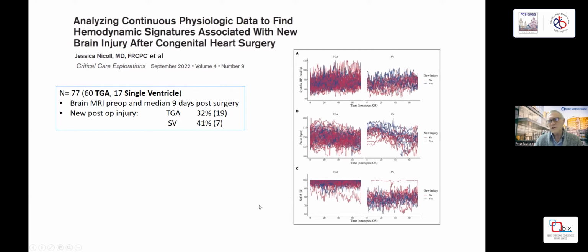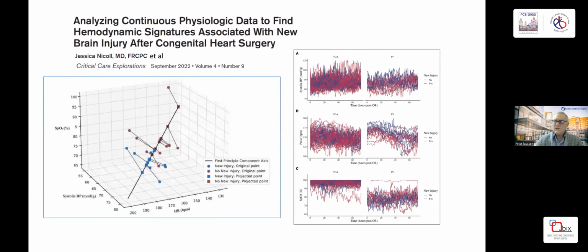And if you look at that data, you can think, boy, there's nothing to decipher here, and that's correct. If you look at an individual signal, you cannot do a predictive analysis as to the risk for new brain injury.